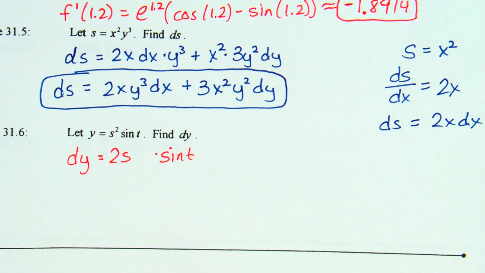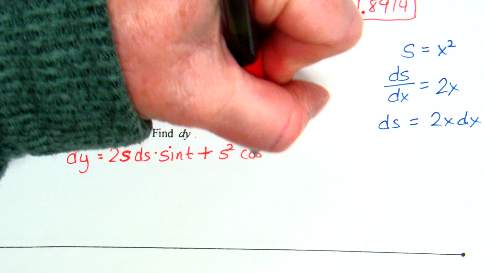Since we're using differentials, we took the derivative of the s term, so don't forget the ds. And then what? Plus, keep the s squared. Derivative of sine t is cosine t dt.